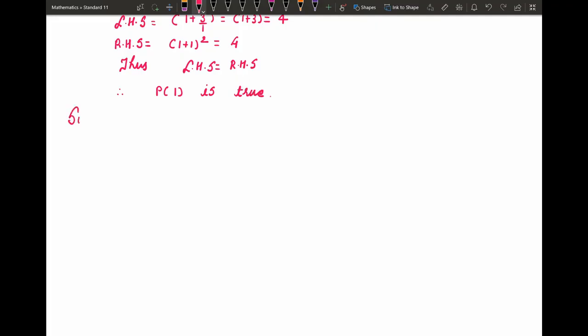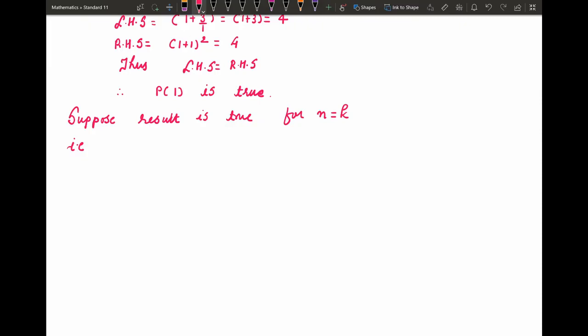Now suppose the result is true for n equal to k. That is, when we take n equal to k, the left hand side is the product of the first k terms.